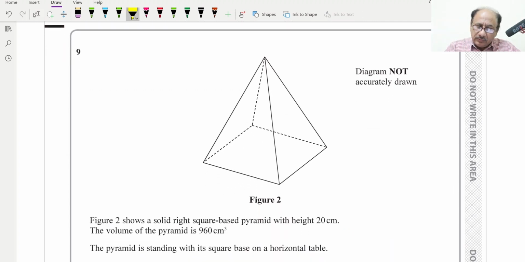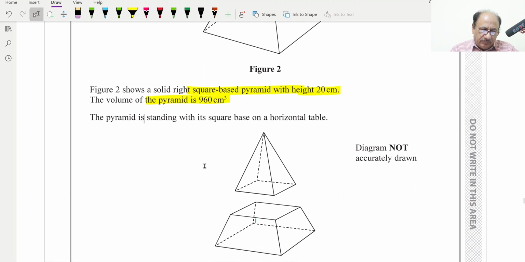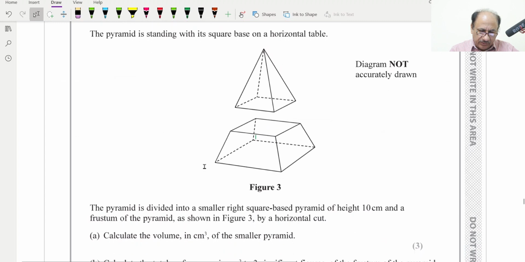Question number 9. Diagram is provided which is not accurately drawn. Figure 2 shows a solid right square based pyramid with height 20 centimeters. The volume of the pyramid is 960 centimeter cube. The pyramid is standing with its square base on a horizontal table, and they have given another drawing.